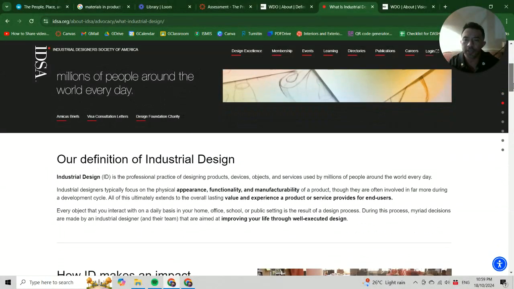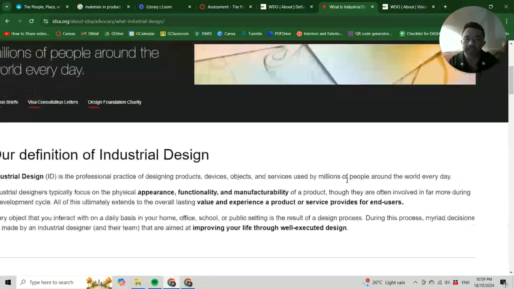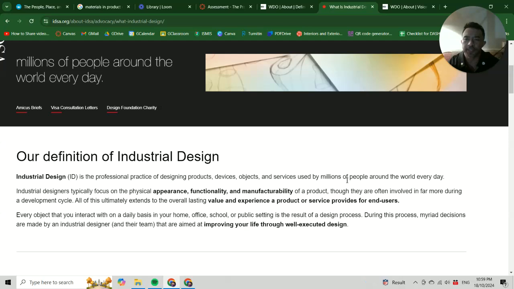So industrial design is a professional practice of designing products, devices, services. It is typically focused on the physical appearance, functionality, and manufacturability of a product, though they're often involved in far more during a development cycle.